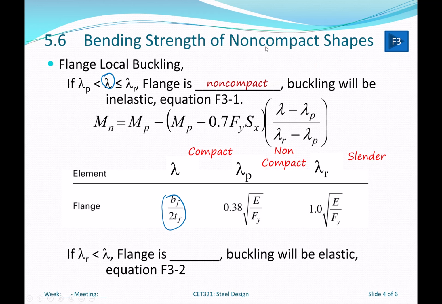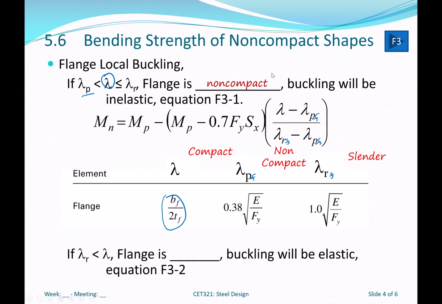When that exceeds lambda sub p, and if we're talking about a flange, you'll see in the formulas they use a subscript f, when we get into that equation for non-compact flanges. So we could put a subscript f after all these because we're only dealing with a flange.